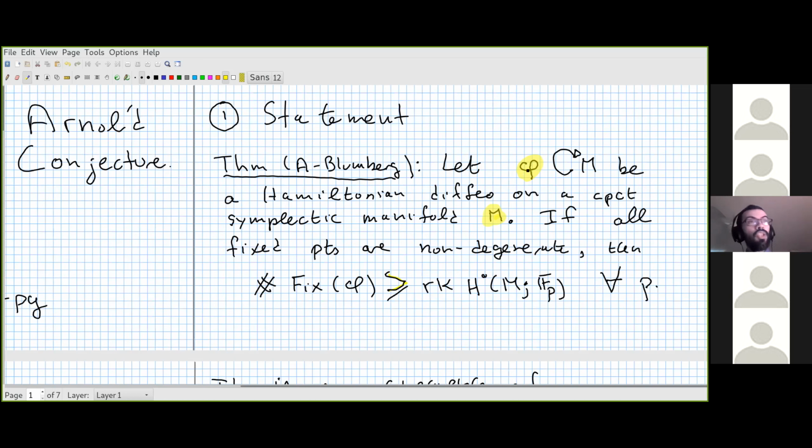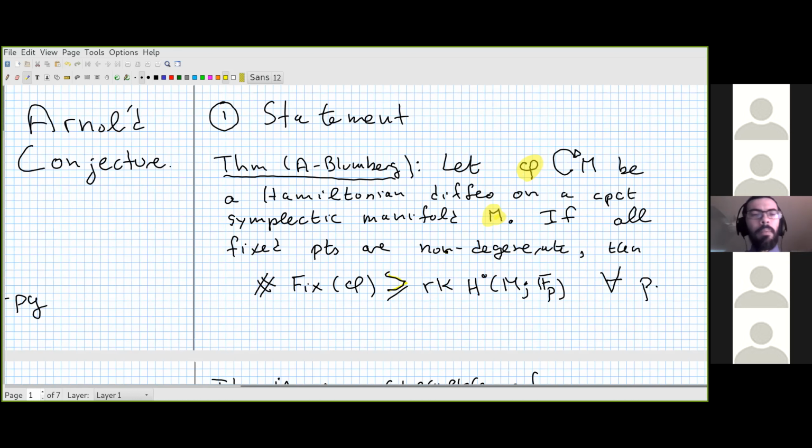The old conjecture of Arnol'd says that if you take such a diffeomorphism, then the number of fixed points must be larger than the minimal number of critical points of a function on your manifold. That one is very difficult to prove, and there are some partial results.